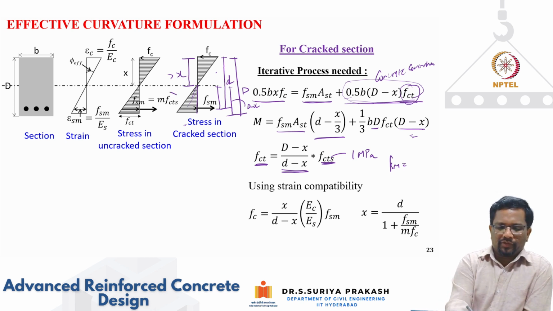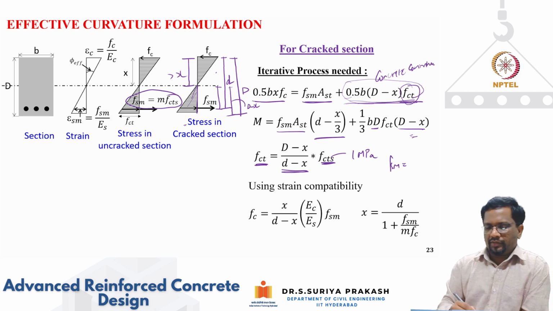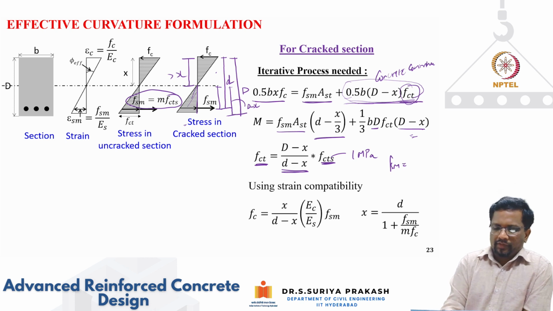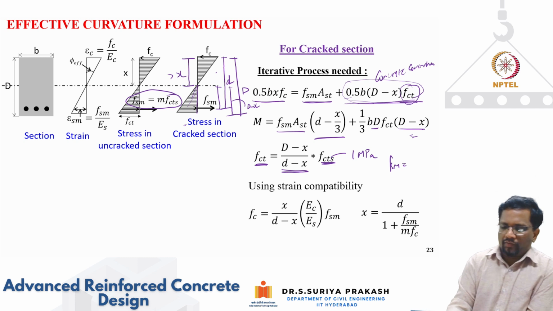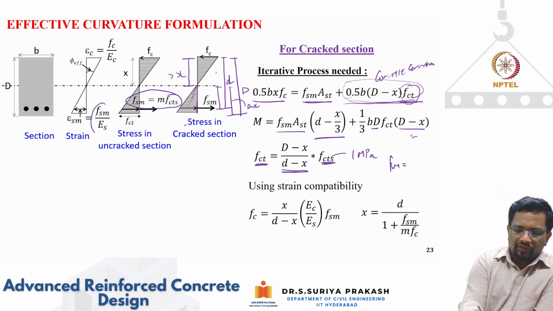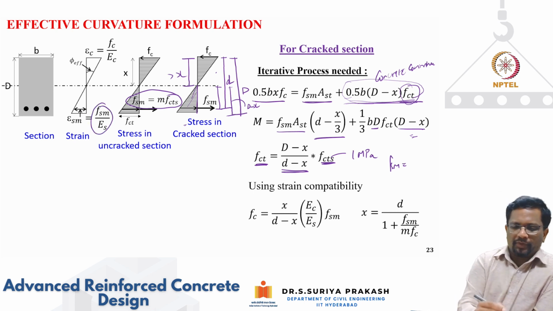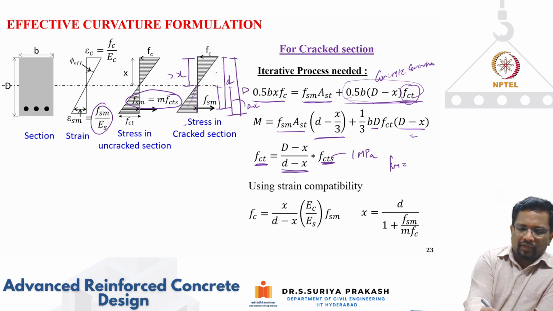So this also is known to us, right? So then you can calculate the stress. This is your strain. Okay, so how do you get it using your strain compatibility? Now fsm by Es is nothing but your epsilon sm, which is your strain, which is this, right? And now we can calculate epsilon c.